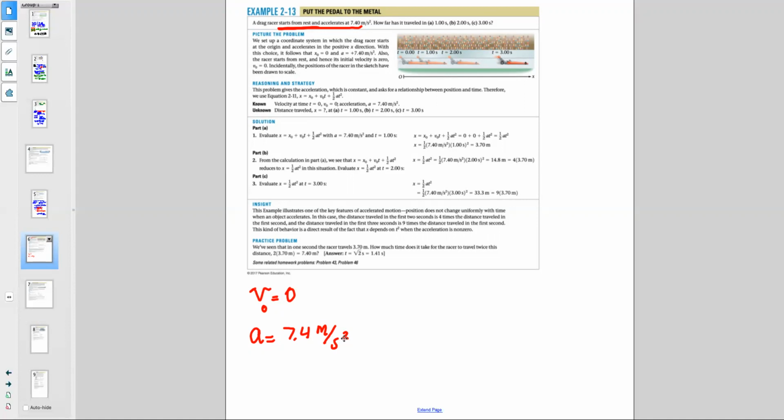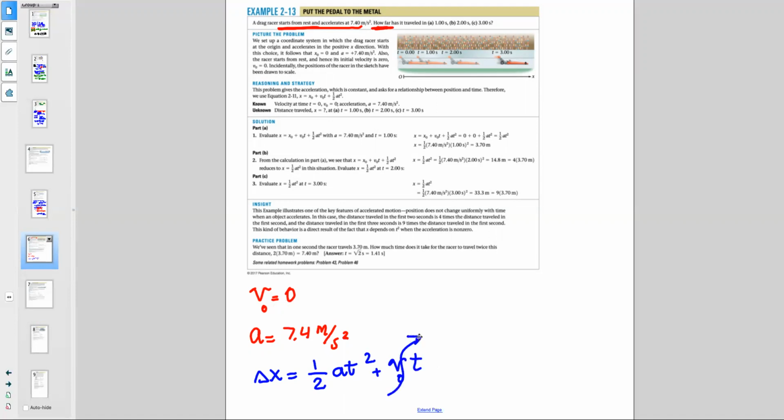The procedure for the rest is the same. So we're asking for how far has it traveled? We're looking for displacement, okay? The displacement is half at squared plus v0t. Now, what is v0? 0.